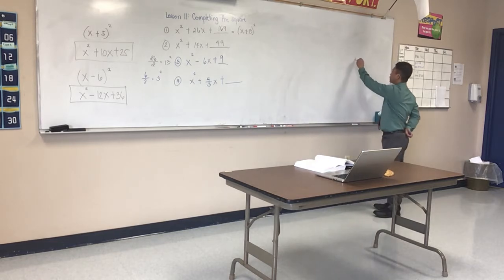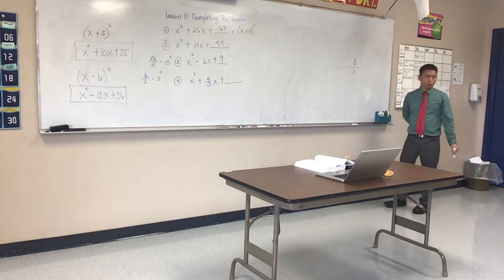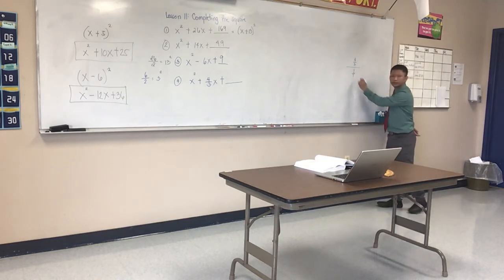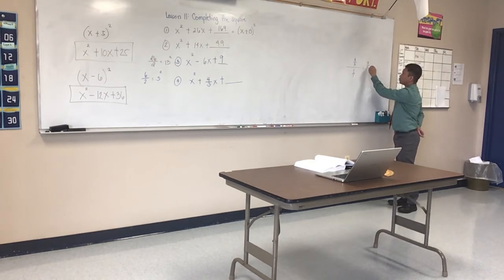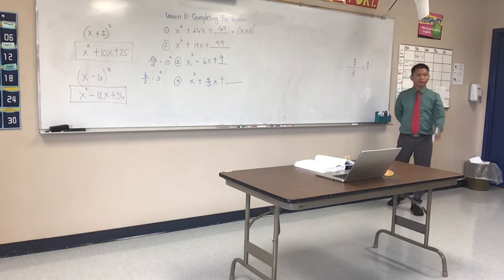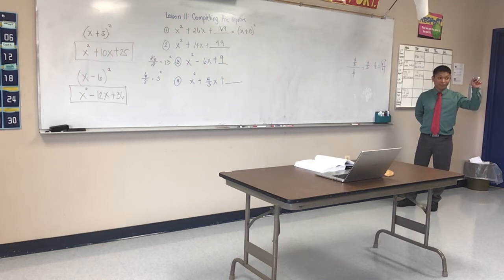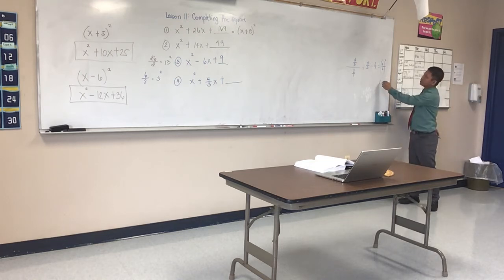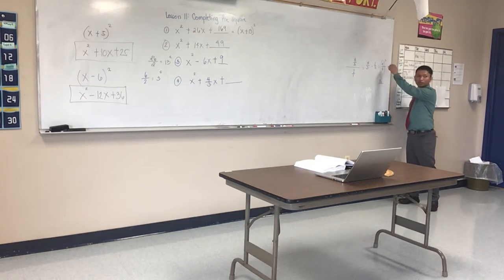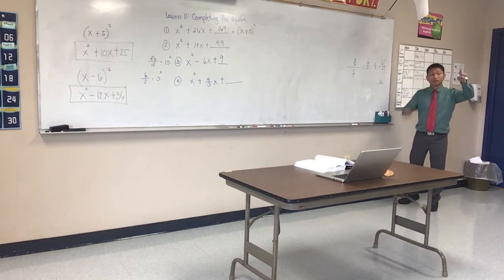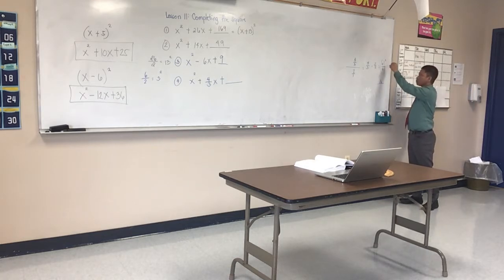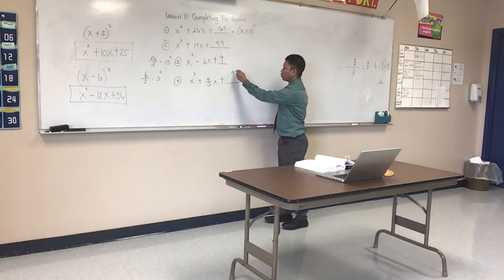What is 4 over 3 divided by 2? 2 is 2 over 1, so we multiply 4 over 3 by the reciprocal, 1 half. That's 4 over 6, which is 2 over 3. Then you still need to square it. So 2 over 3 squared is 4 over 9.